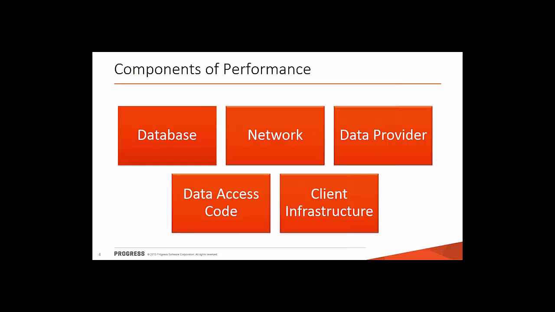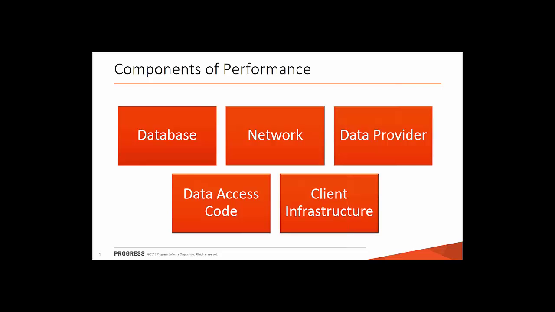Then of course the data provider. Your data provider can have multiple configurations, or it can have built-in features to reduce the usage of key resources, which can improve your application performance. Then your data access code, which can tell the data provider what exactly you want in your application, so that the data provider can do some optimized executions to gain on performance.